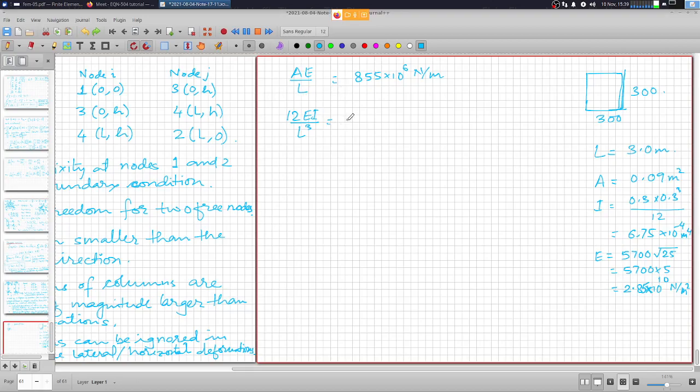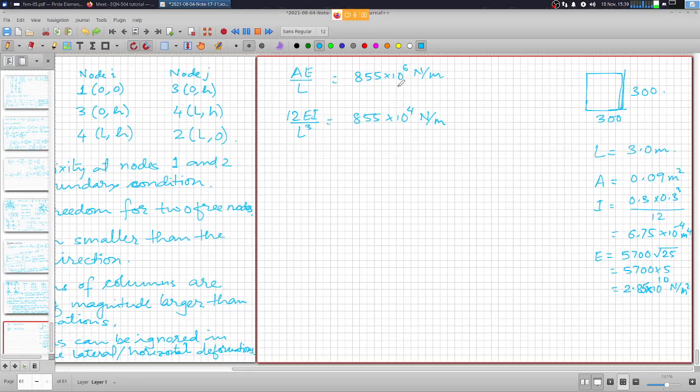So this is equal to 855 multiplied by 10 raised to the power 4 Newton per meter. So you see, the lateral stiffness is 2 orders of magnitude smaller than the axial stiffness.